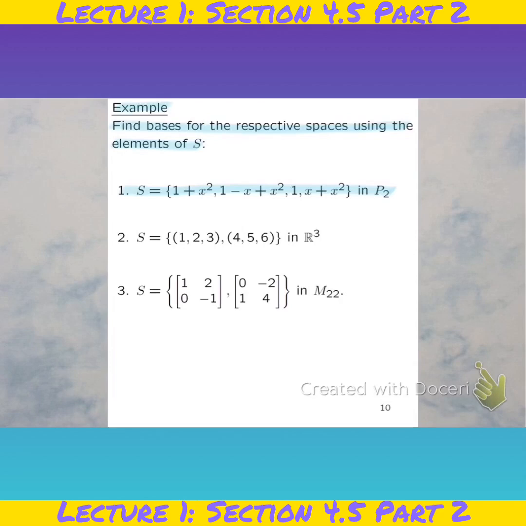And we can only remove a vector if it's a linear combination of all the other vectors. So let's see what happens.